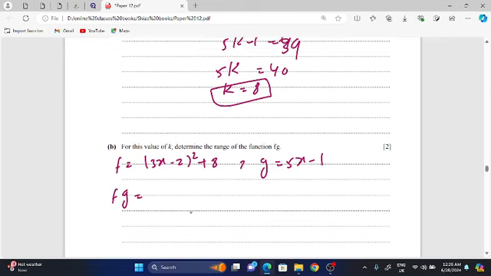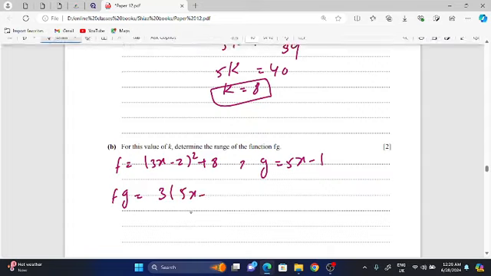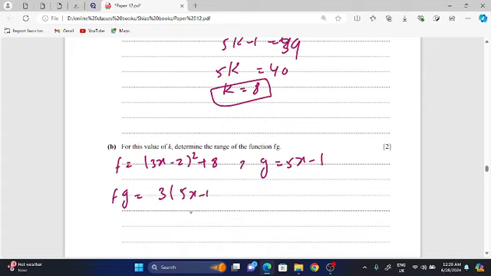So f of g becomes, you need to put g into f, so that would be 3 times (5x minus 1) minus 2, whole square plus k, that is your 8 actually.